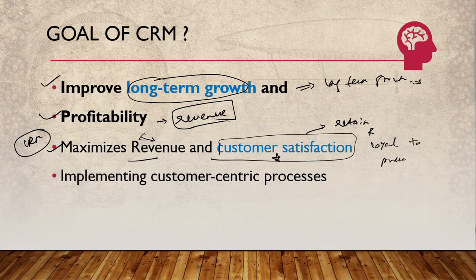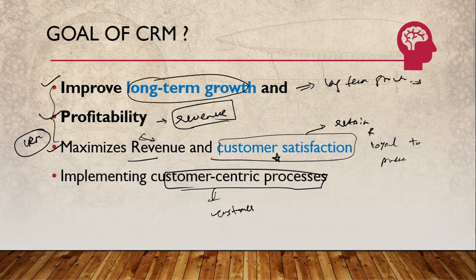All these things you can do by implementing customer centric processes. The customer is always the key to your methodology. You are always giving priority to the customer. Whatever processes you are defining, let's say the processes used for selling and marketing, all should be customer centric and not just profit oriented.